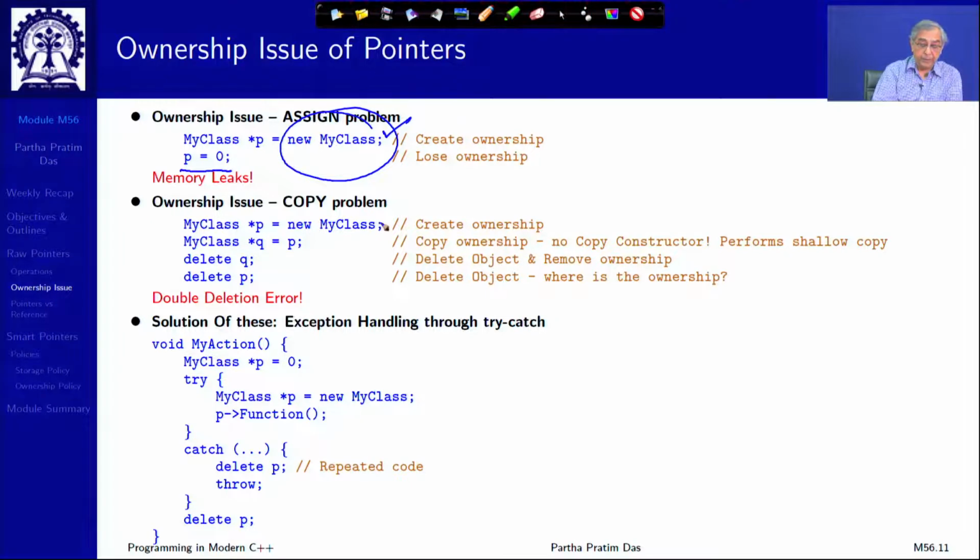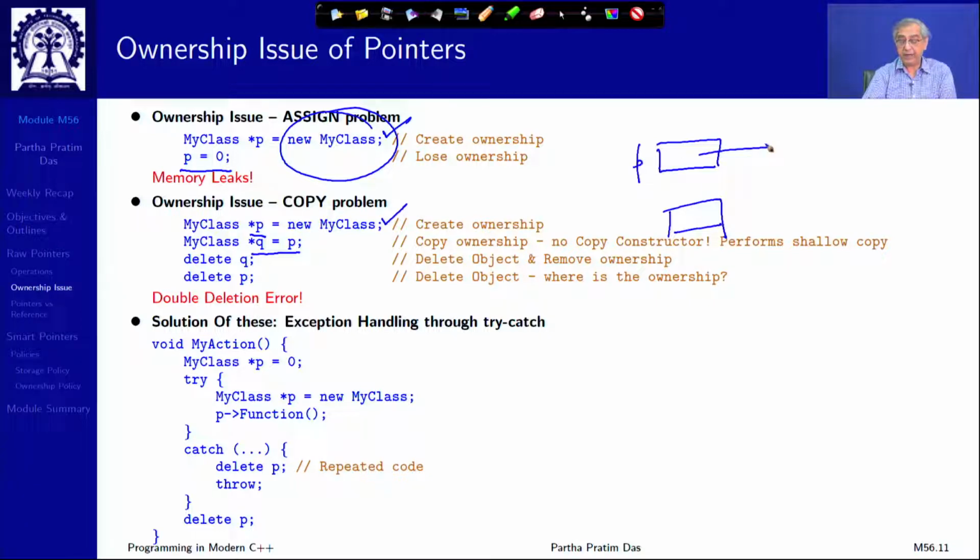Then I have a copy problem. I similarly create one object and put it to P, and I take another pointer Q, copying P. So Q also points here.